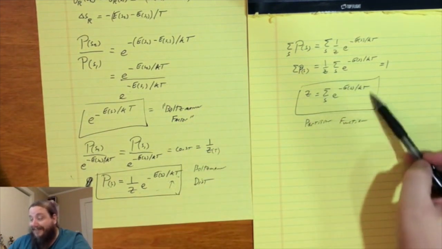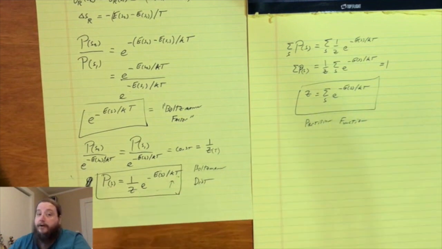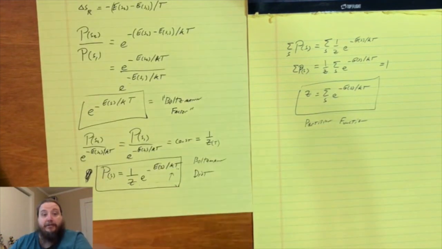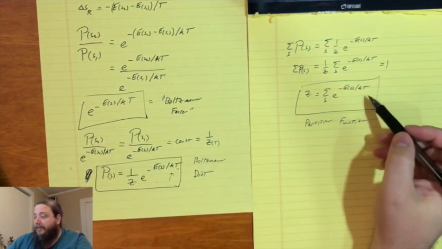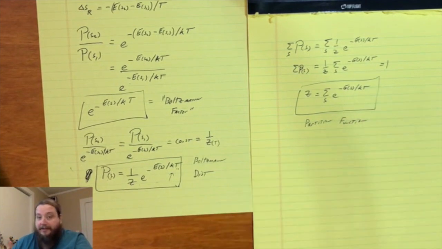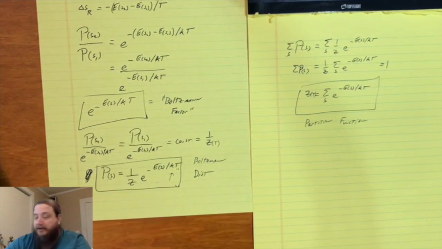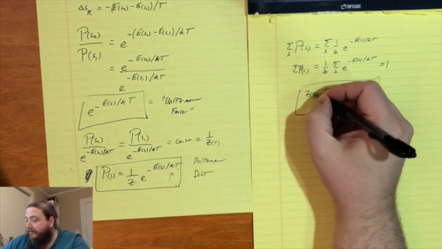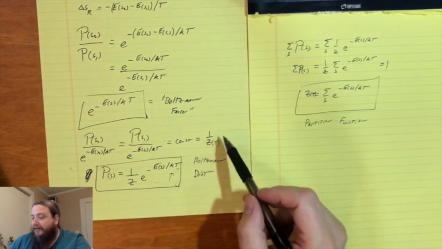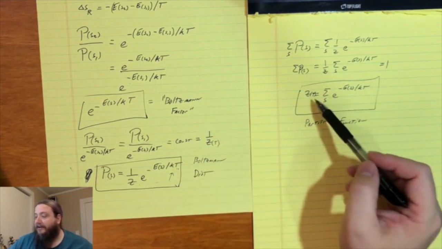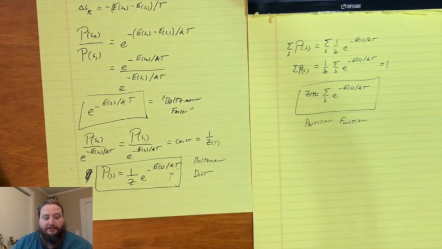But the partition function for a hydrogen atom in thermal equilibrium with a reservoir of temperature T absolutely will be a function of temperature. And so we call this normalization constant the partition function. The partition function is the sum of all possible Boltzmann factors for our system.